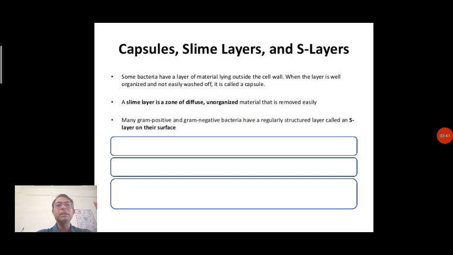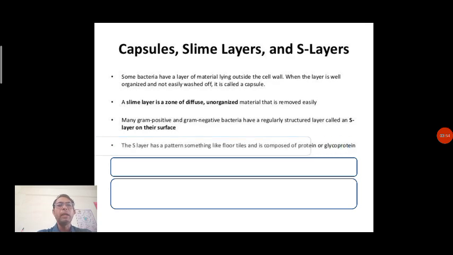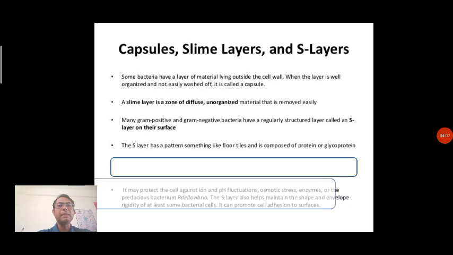The next one: gram positive bacteria and gram negative bacteria have a regularly structured layer called the S layer on their surface. The S layer has a pattern sometimes like a flower, and it is composed of protein or glycoprotein.